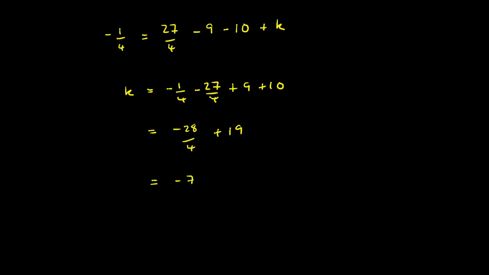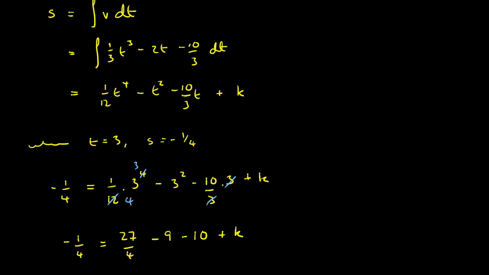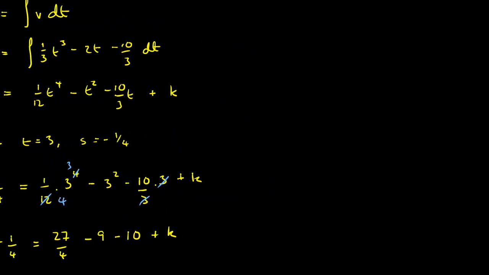So negative 7 plus 19 is going to be equal to 12. So our constant is 12. So if we just go back over here, what's our displacement? Our displacement is 1 upon 12 t to the power of 4 minus t squared minus 10 upon 3t plus k, where k is now 12.